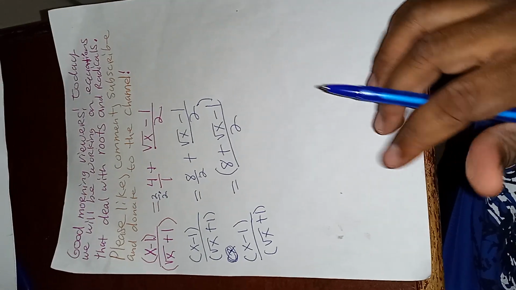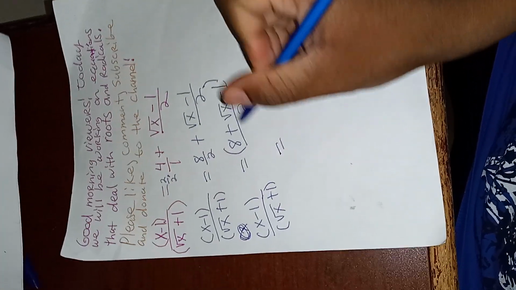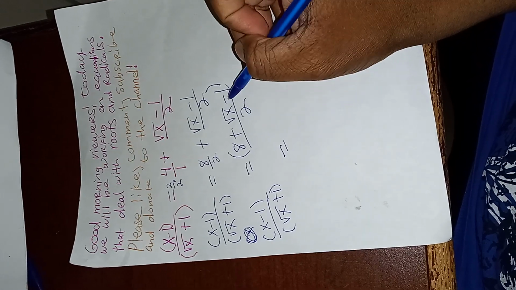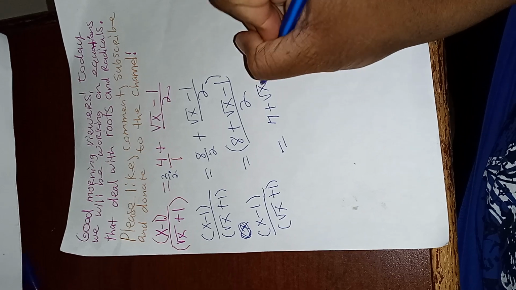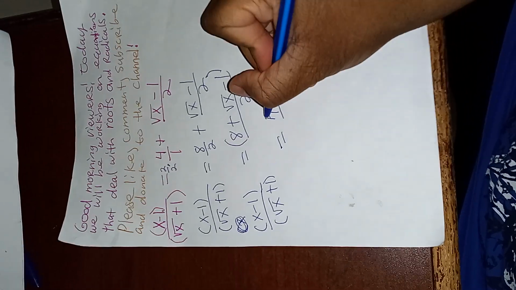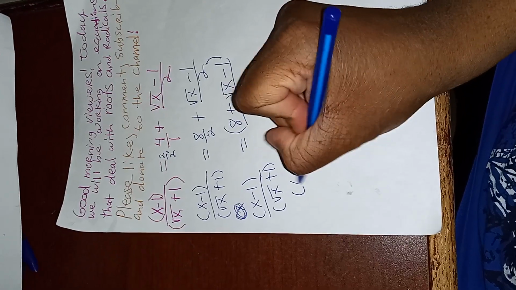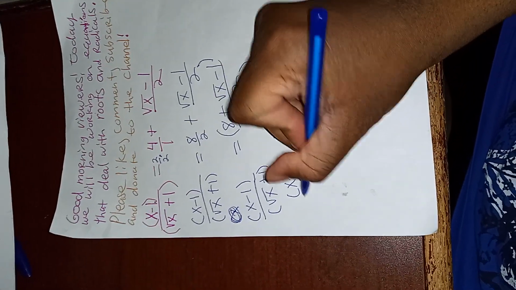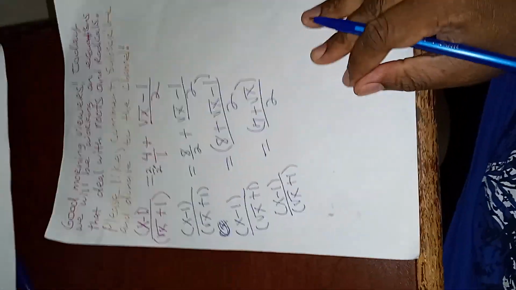So let's have that marinate there for a second. Then the right hand side can simplify with the 8 and the minus 1, that's 7. So (7 plus the square root of x) all over 2. Put parentheses around the 7 plus square root of x and bring down the left hand side, (x minus 1) in parentheses divided by the square root of (x plus 1) in parentheses.